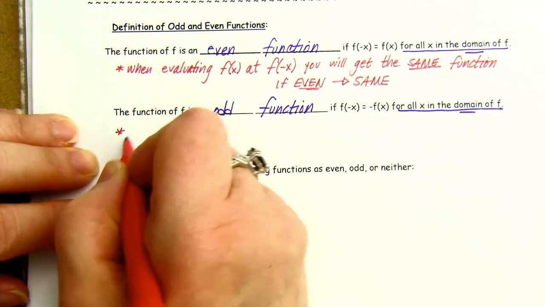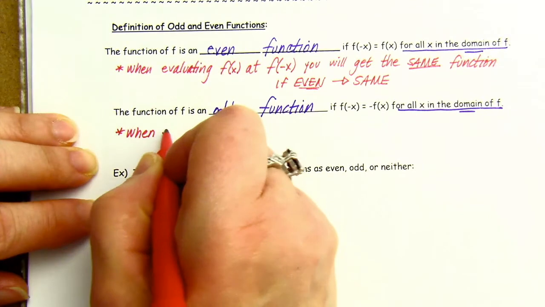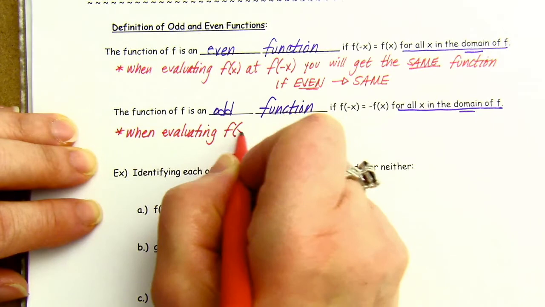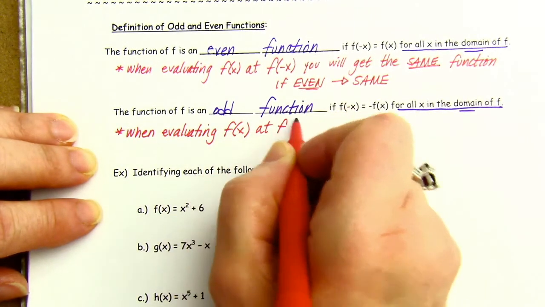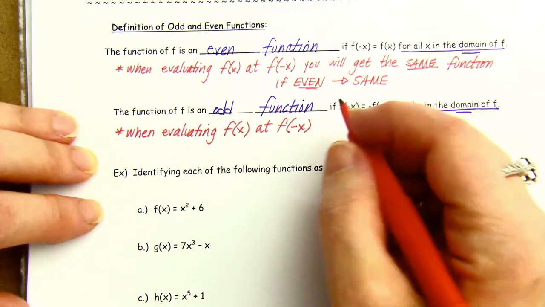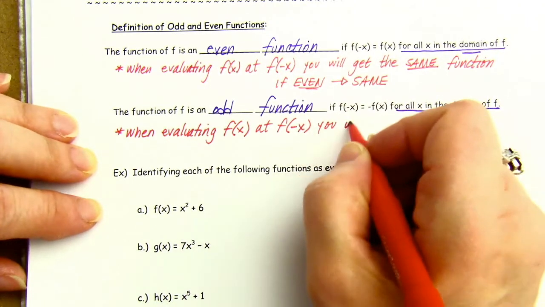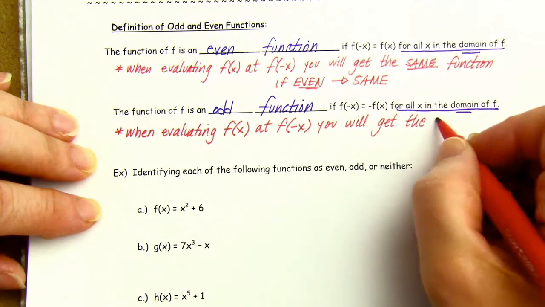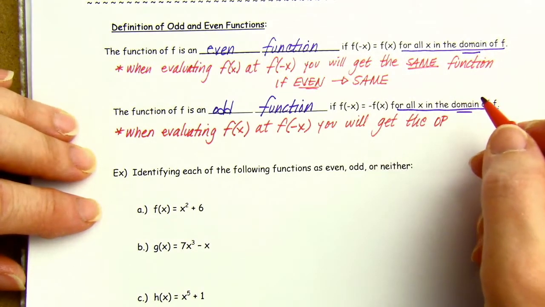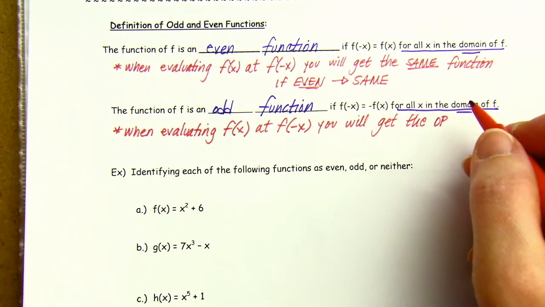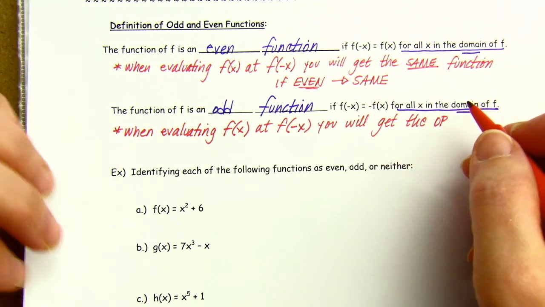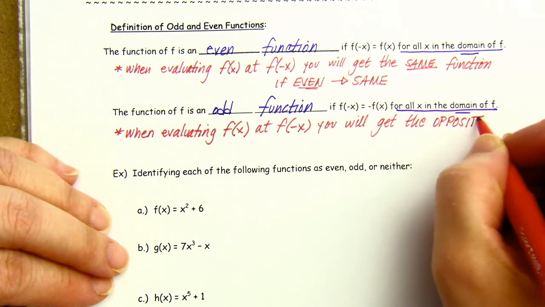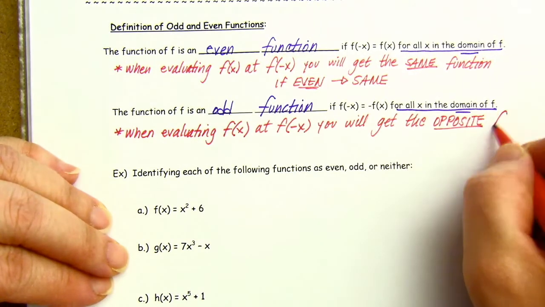So when evaluating f of x at f of the opposite of x, you will get the opposite function. When you take the opposite of x, it's negative x. When you take the opposite of 2, it's negative 2. When you take the opposite of x plus 1, it's negative x minus 1. So you're going to get the opposite function out.